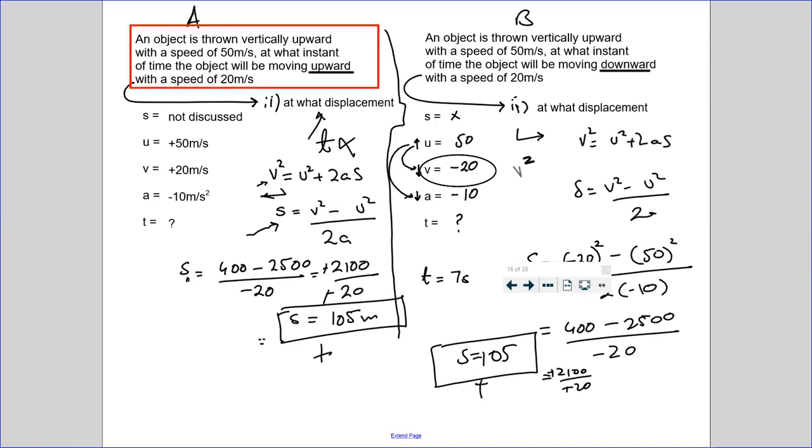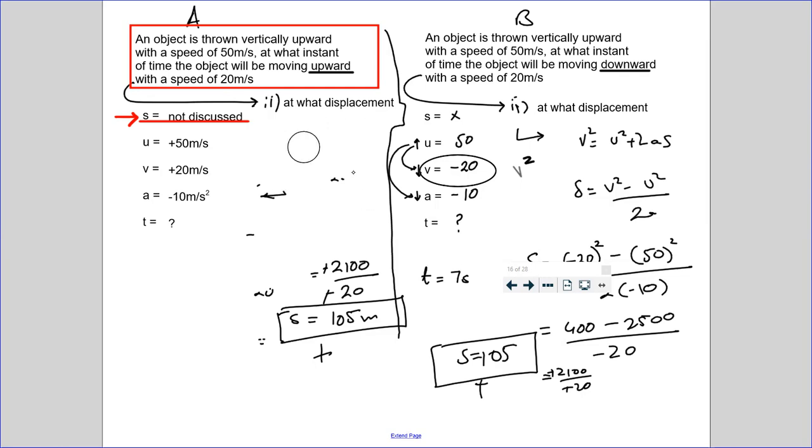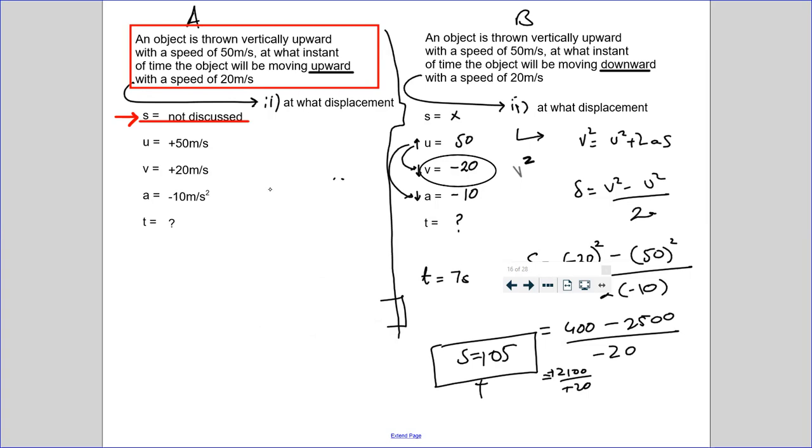In this statement, there is no discussion of displacement. So that's a hint about which equation we shall use: an equation in which there is no displacement. If you check the set of equations, can you identify which equation does not have S in it?